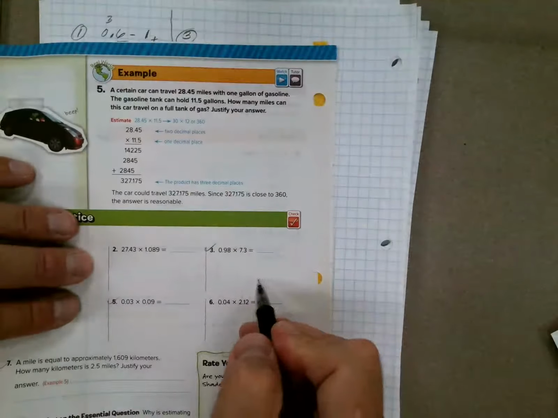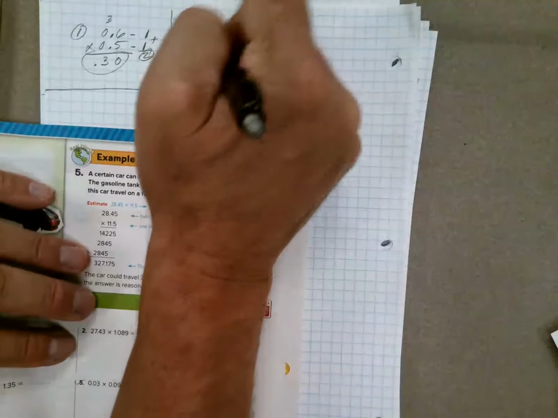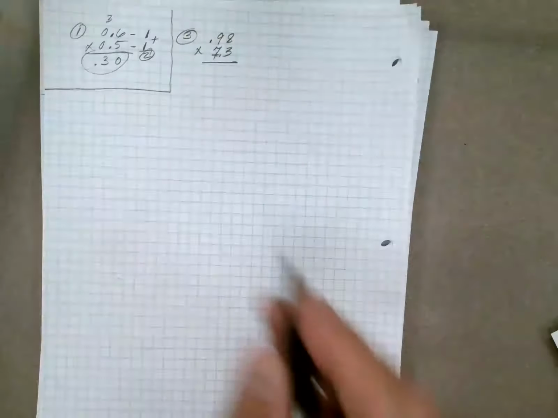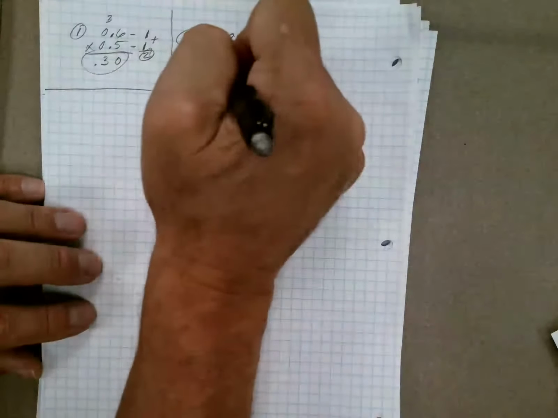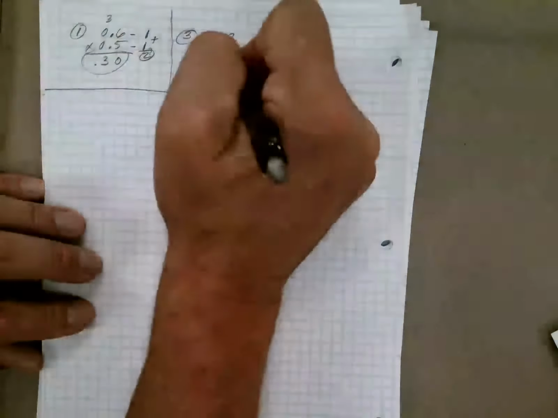Number 3 reads 98 hundredths times 7 and 3 tenths. I'm going to darken those decimal points in and go to work. 3 times 8 is 24. Carry the 2. 27, 28, 29.